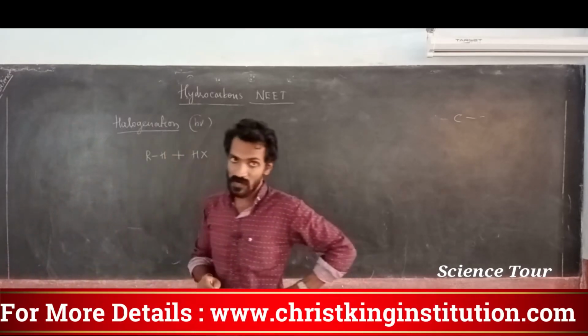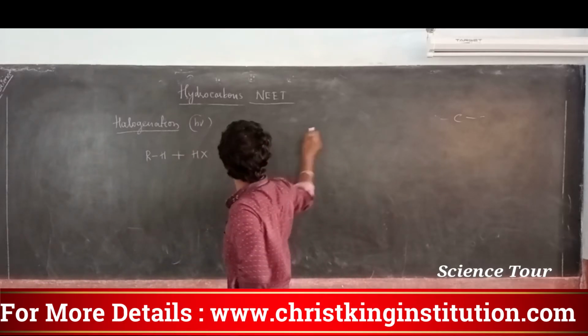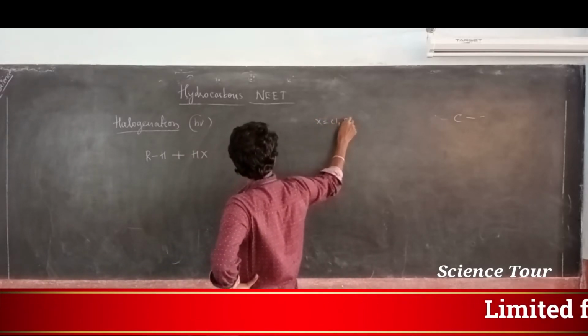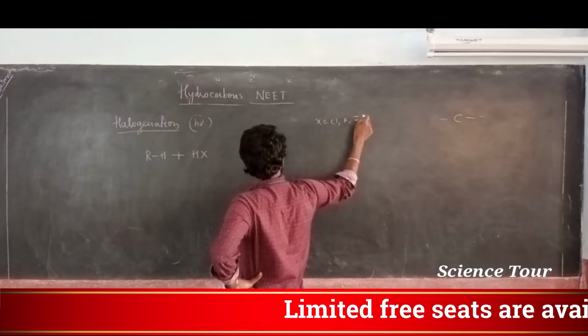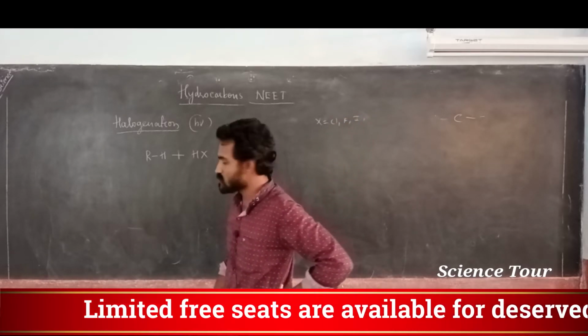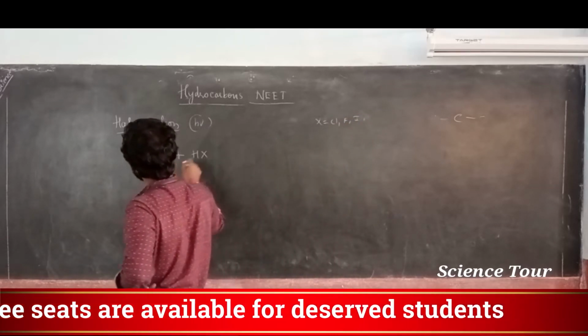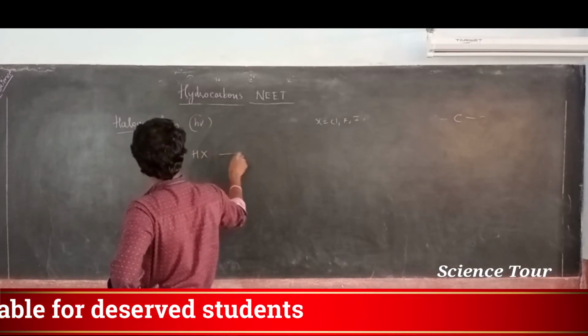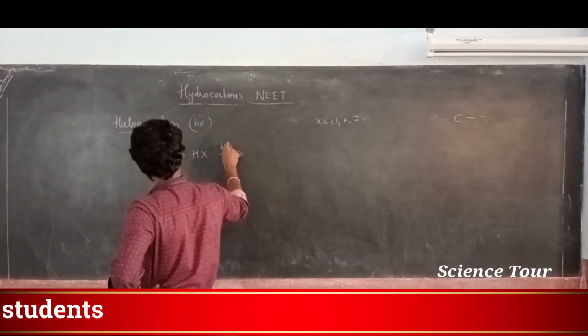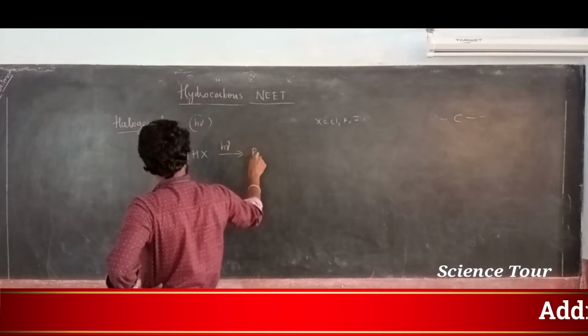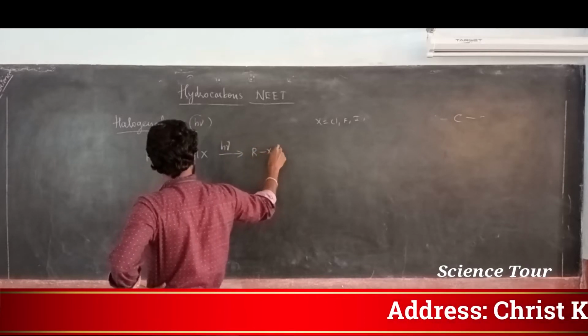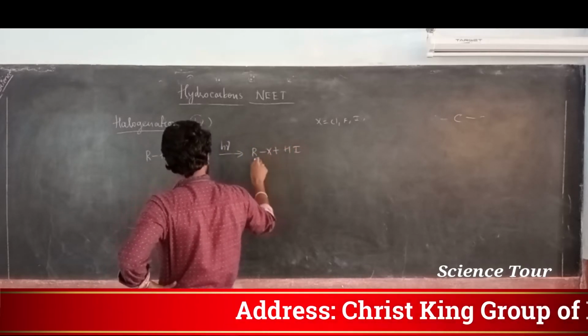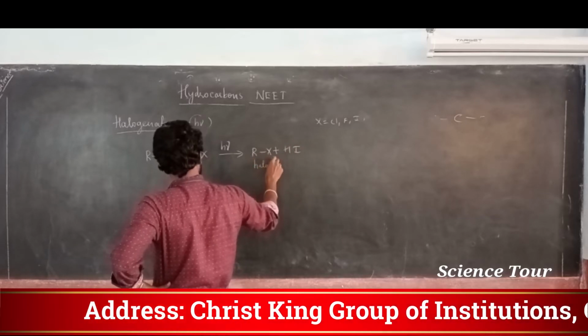X means halogen, X means Cl, F, I, Br like that. Understood? So this X is added to this particular alkane. How are we getting the product in the presence of hν? hν means sunlight. You are getting RX plus HX. Haloalkanes. This is haloalkanes.